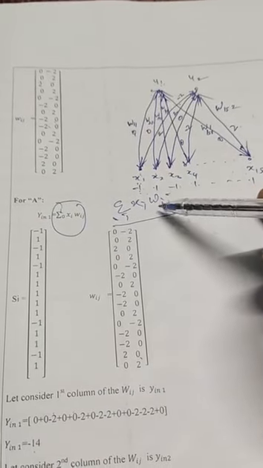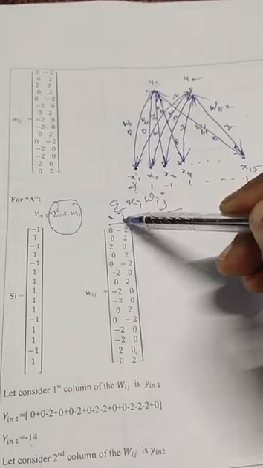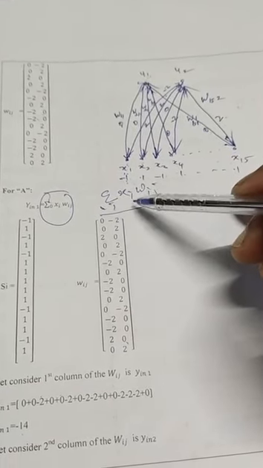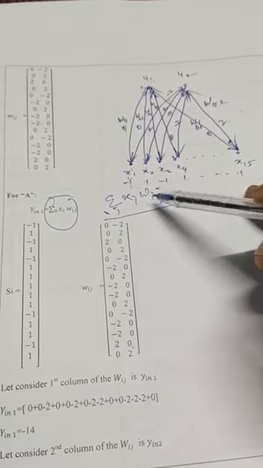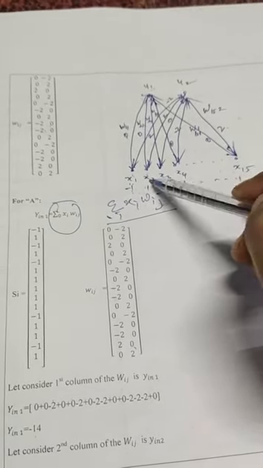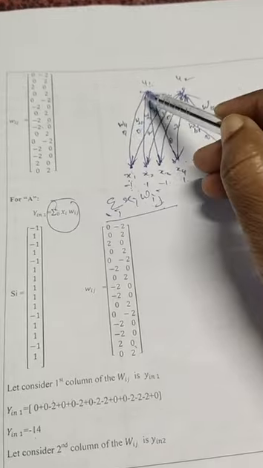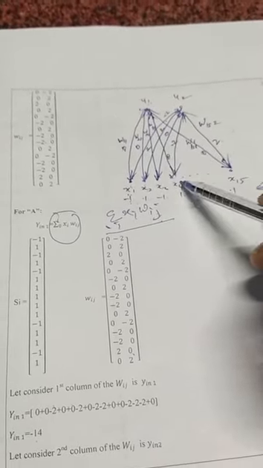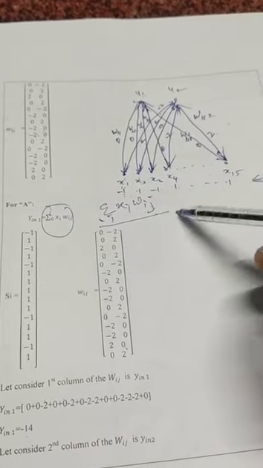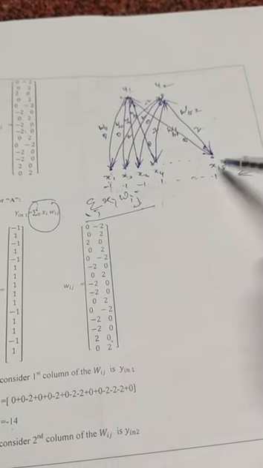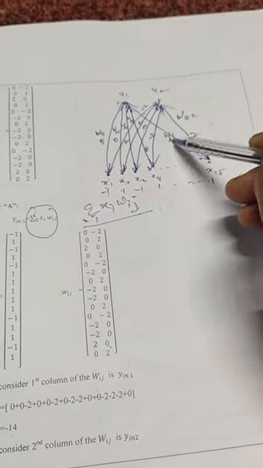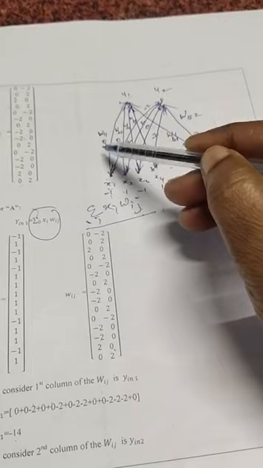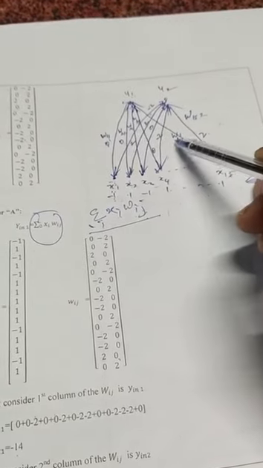So it is x1 w11. Next take i equal to 2, the second input neuron: x2 w21. Then x3 w31, x4 w41, and so on till x15 w151.